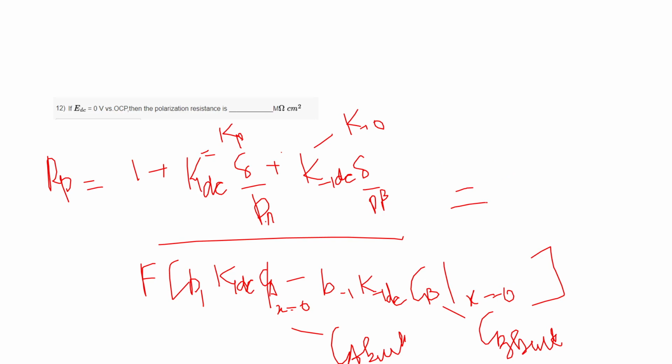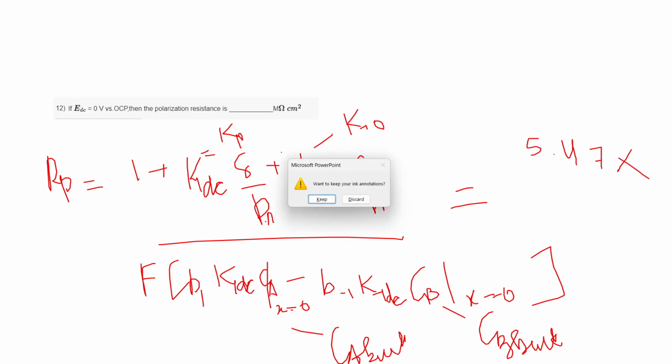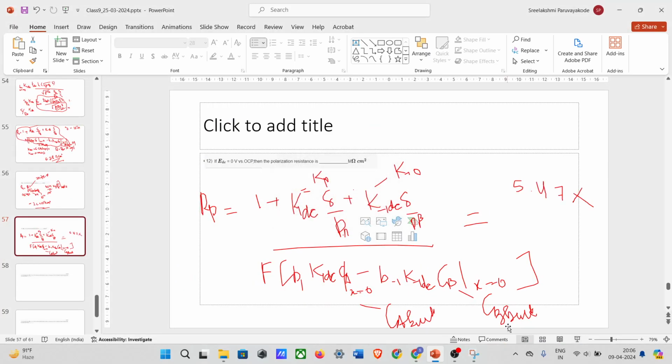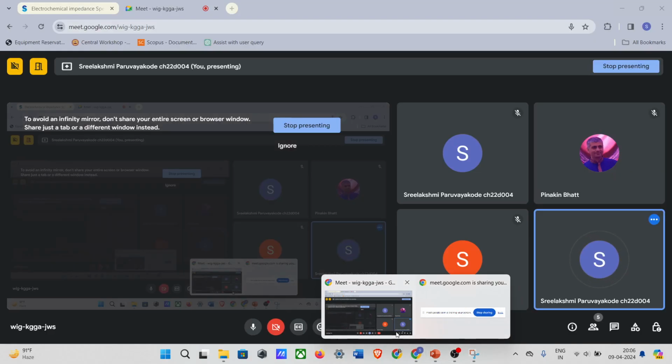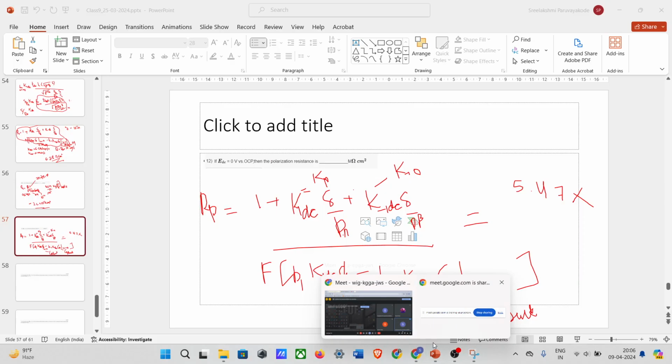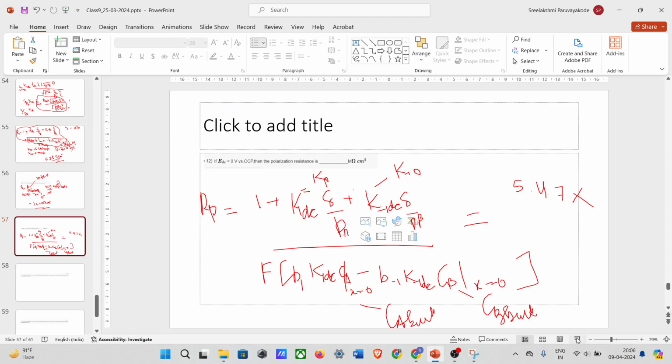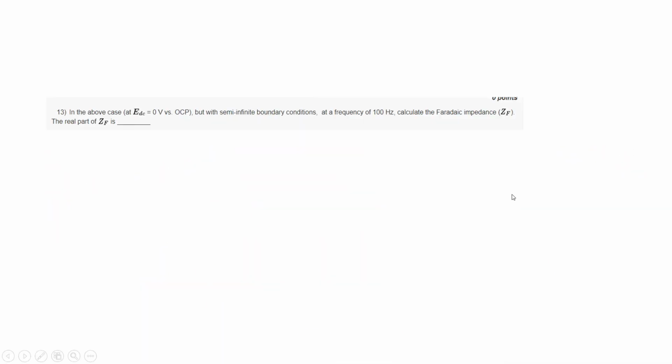You're supposed to get a value which is... I think this question was also marked as wrong. I think I faced the net issue. I've kept my video off so that there isn't any net issue now.